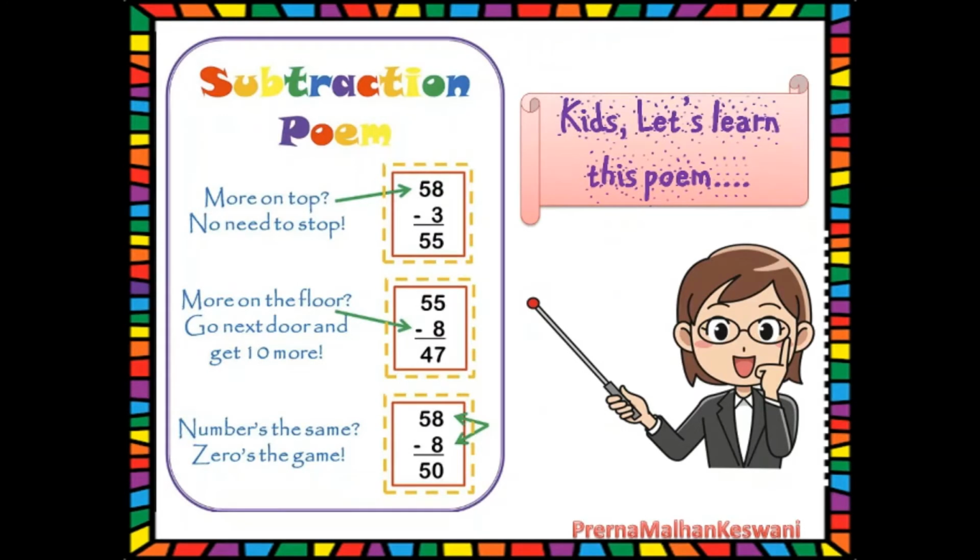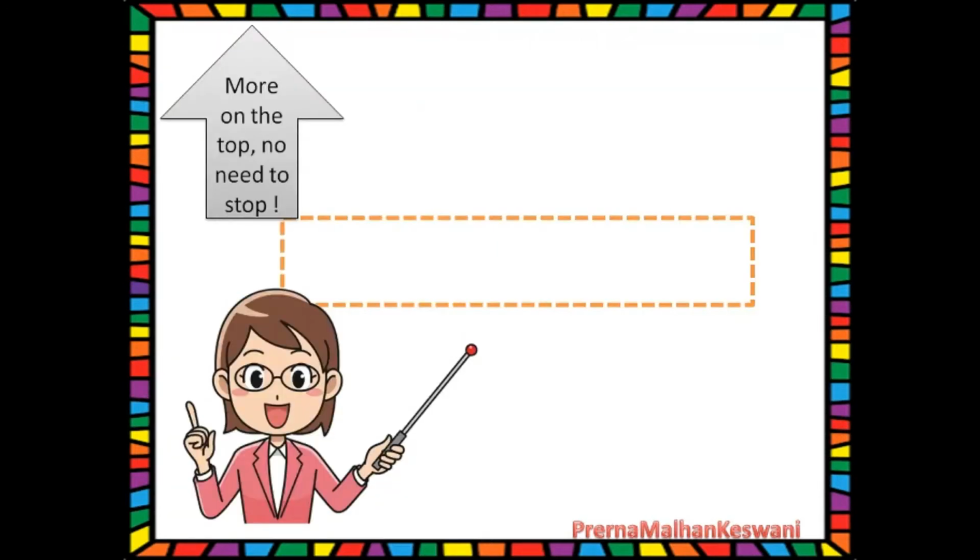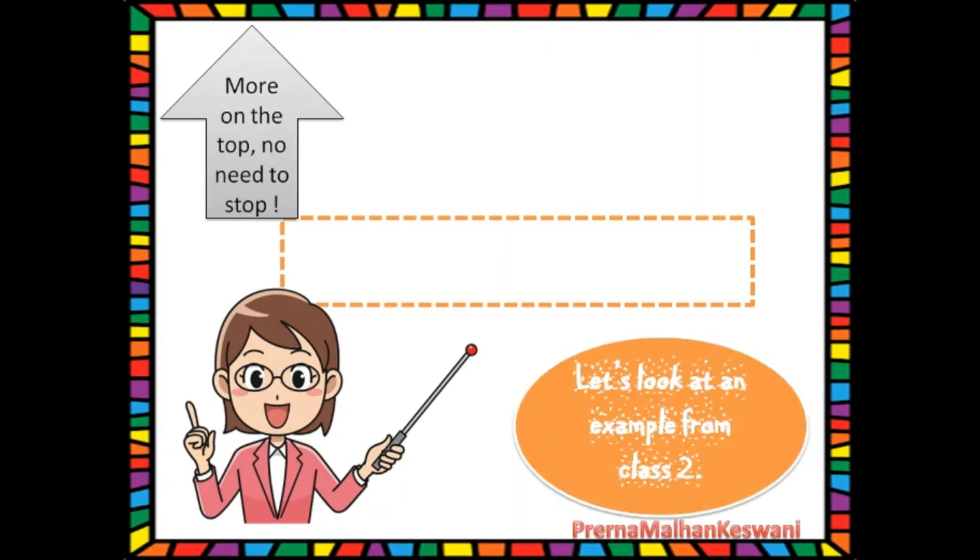Now, there is this subtraction poem, children. When you arrange the numbers vertically in columns, you have to check whether the number on the top is more or whether the number on the floor is more. We will come back to this poem. Let's go to this question first.